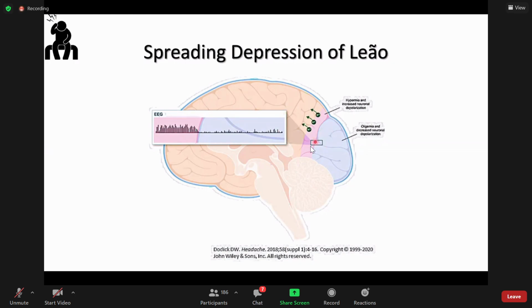If we take this part and explore it in a bigger way, we can see that behind this split line, we have an area of oligemia. We have decreased neuronal depolarization. That's why we don't have a lot of neuronal activity.